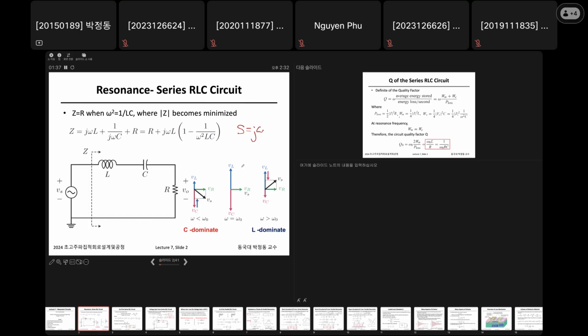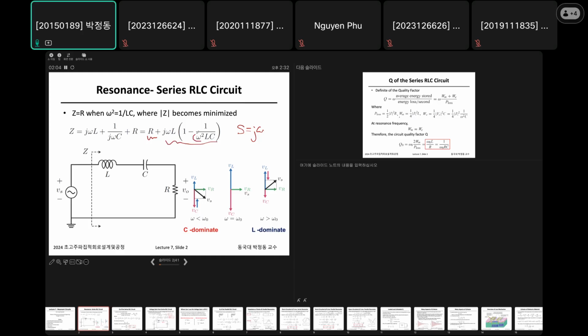So for this simple series RLC network, Z is given by j omega L plus 1 over j omega C plus R, right? If you rearrange those in terms of real and imaginary parts, you can get this expression.